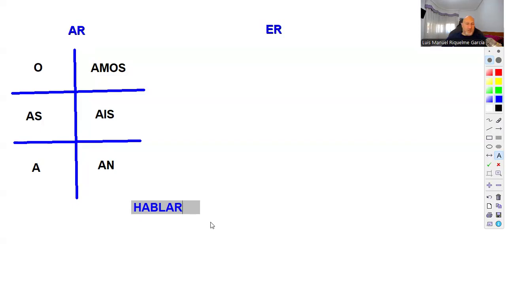First of all, because that verb right now is in the original form, it's in infinitive, you no longer want the AR. So you get rid of the AR. And you keep the stem of the verb. You keep the core of the verb. And what you have to do now is add those endings. So if you want to say I speak, you say hablo. If you want to say you speak, hablas.